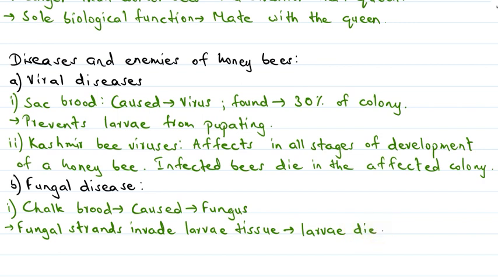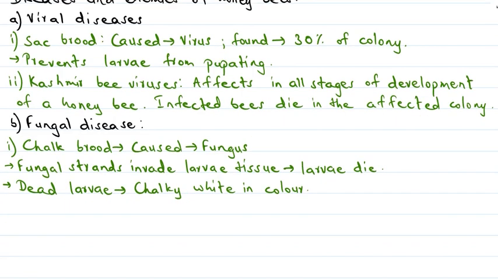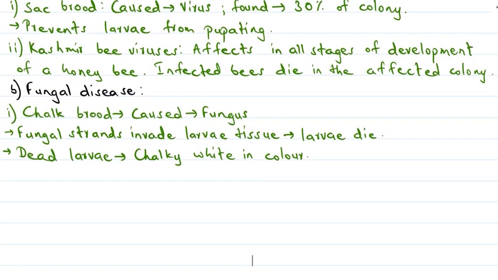The dead larvae become chalky white in color. So this is the fungal disease that occurs in honeybees.